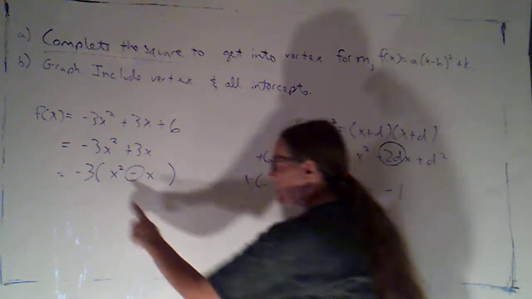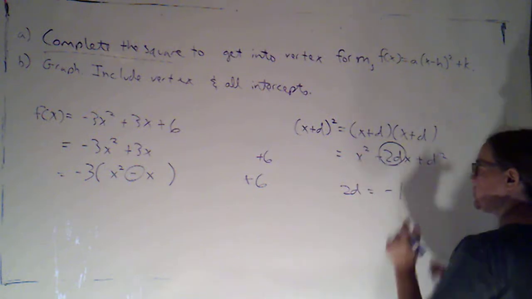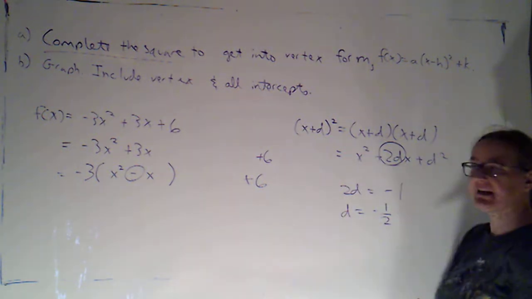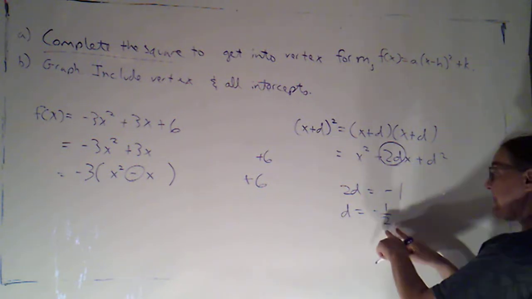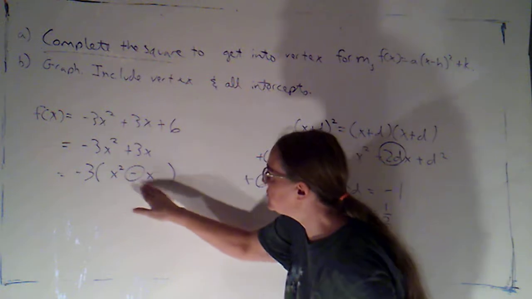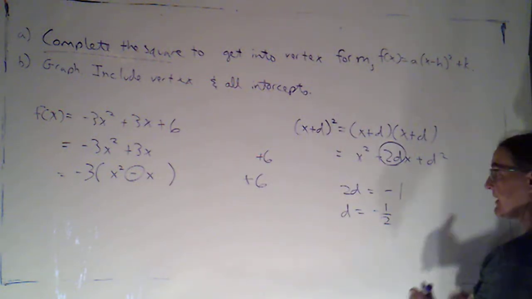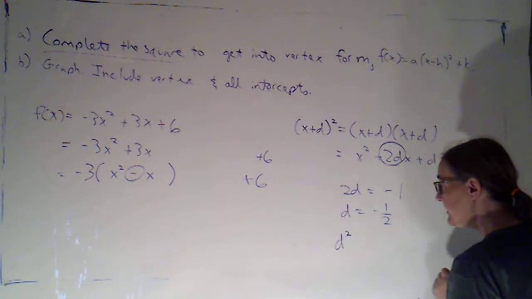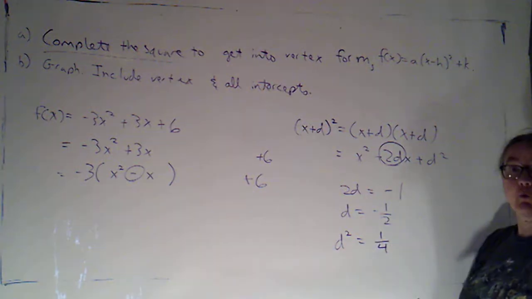So if I'm hoping that these first 2 terms here match these terms here, in order for that to work, d would have to equal negative 1/2. With that choice of d, these 2 terms are the first terms in this formula for a perfect square. So then the number that I would want would be d squared, which would be a positive 1/4.